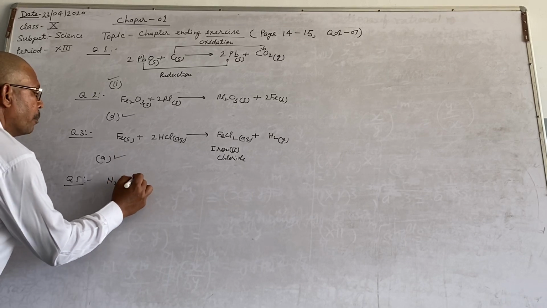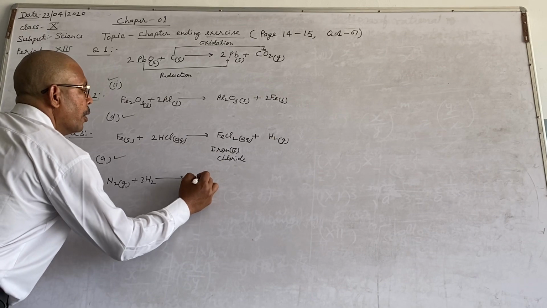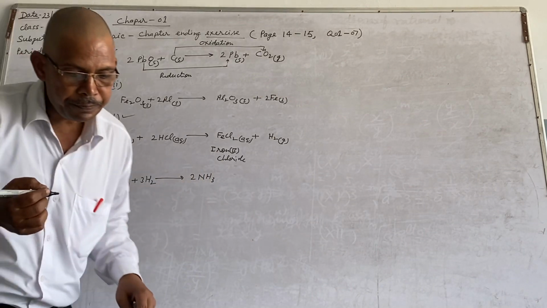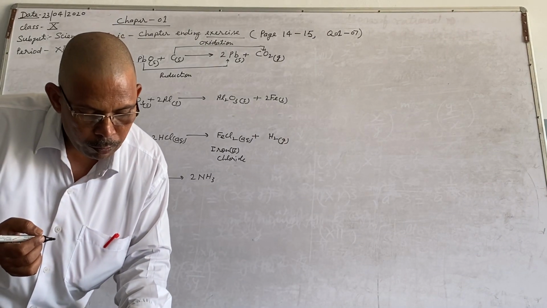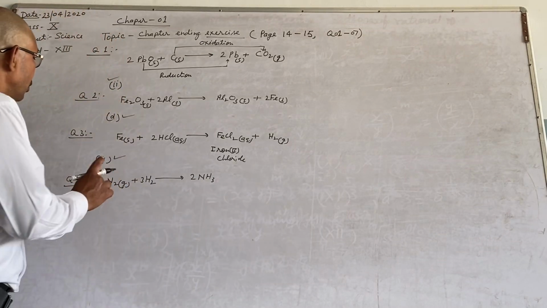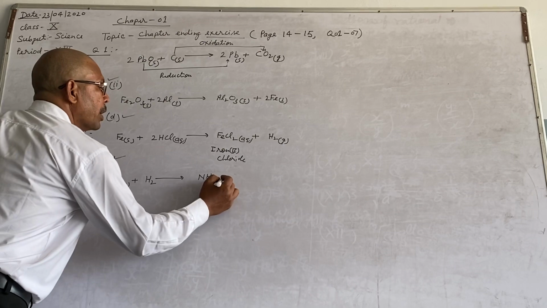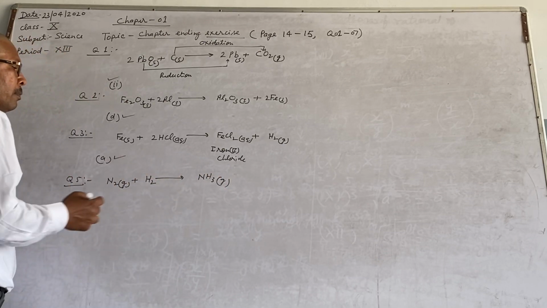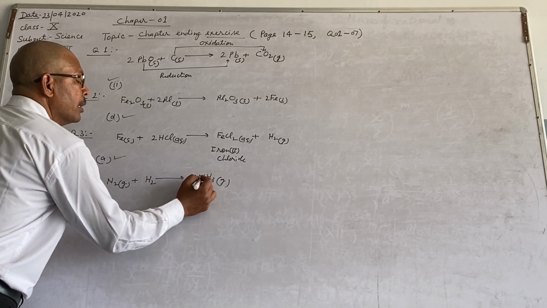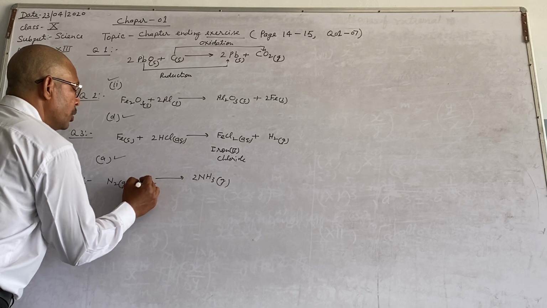N2 gas plus H2. First of all, you should write it in this way: N2 plus H2 gives ammonia gas. Then balance them. Here N2, so balance nitrogen 2 and hydrogen now 6. So here 3 H2, 2 NH3.